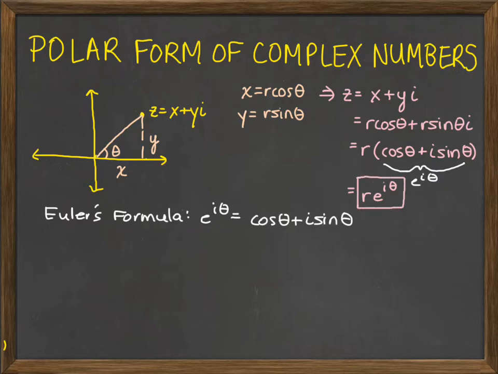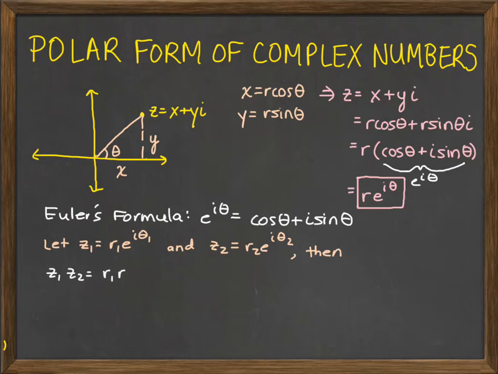Okay, so let's talk about a couple things with complex numbers. We want to talk about how to multiply and divide things in polar form. So let z1 equal r1 e to the i theta 1, and z2 equal r2 e to the i theta 2. If we want to multiply z1 and z2, we get that z1 times z2 is equal to r1 r2 e to the i theta 1 plus theta 2.